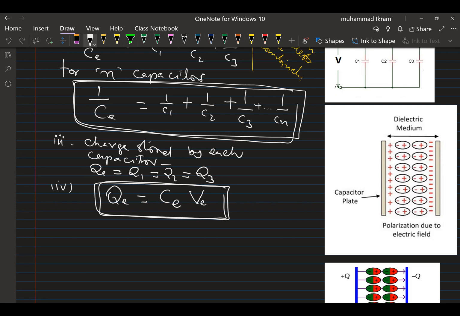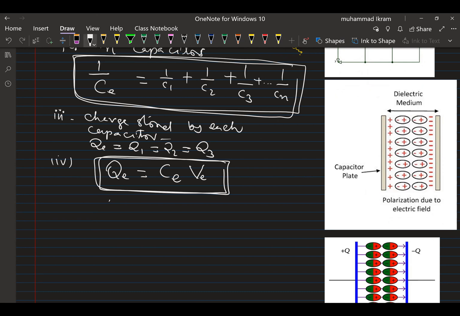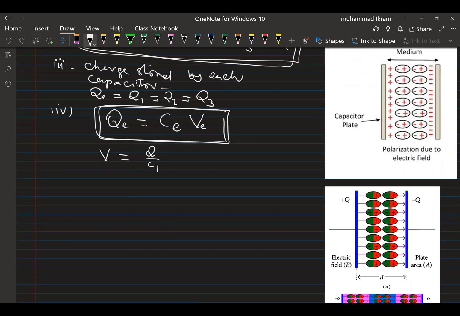You already know V1 equals Q by C1, V2 equals Q by C2, until Vn equals Q equivalent by Cn.